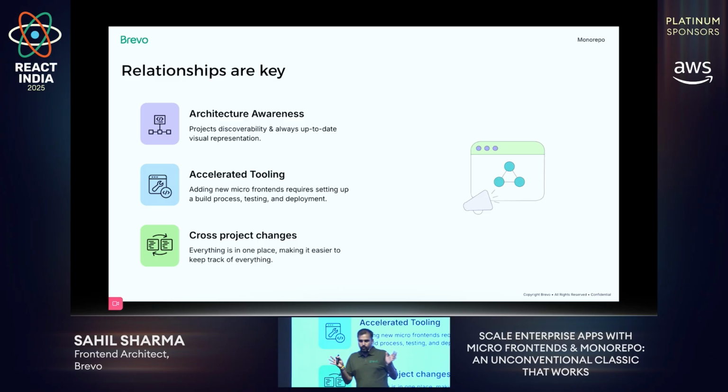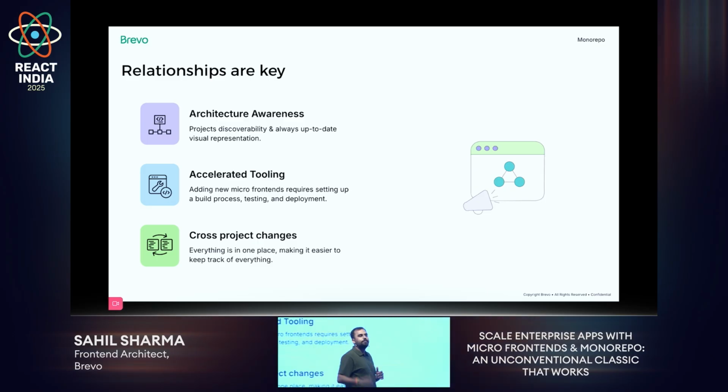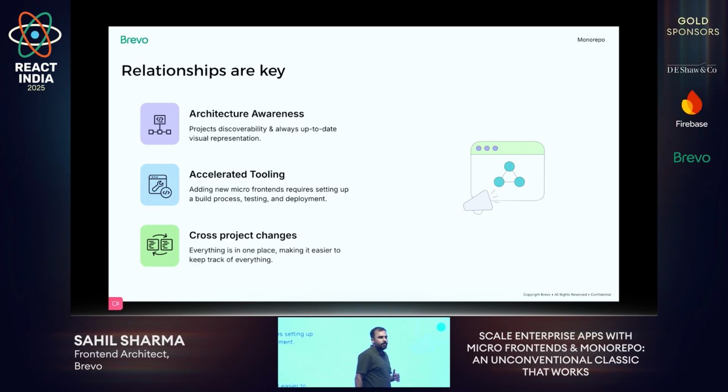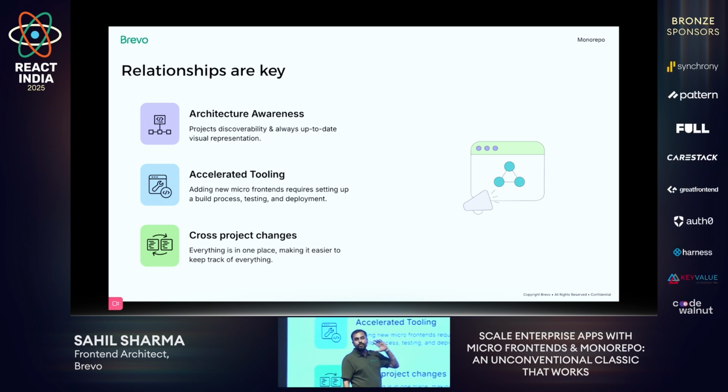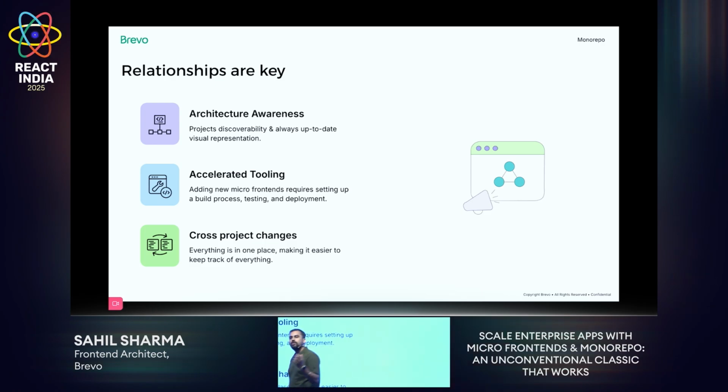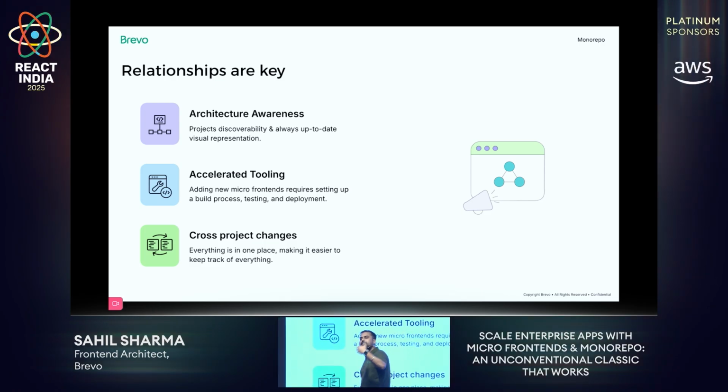If you follow monorepo architecture, you define each and every application in its own workspace, where you have full visibility of your product. Second is the accelerated tooling. You can define a separate workspace in the monorepo for this configuration, which you can reuse across the applications you have defined in the same repo.